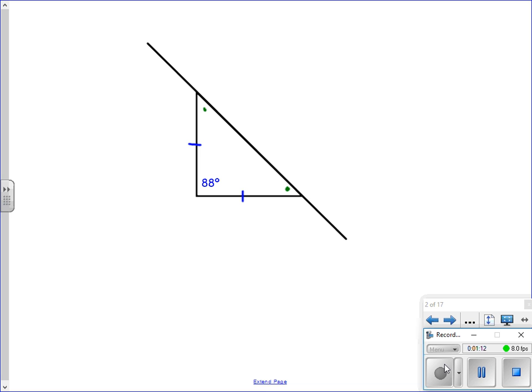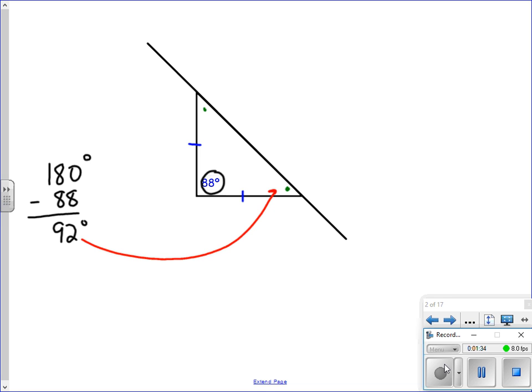So how would we find all the angles in this question? Well, the key here is that we've got 88 degrees, and we know that all triangles are 180 degrees. So if we take 180 degrees and subtract the 88 degrees, that's going to leave us with 92 degrees. That means that the two angles down here are going to add to 92 degrees and they are both equal.